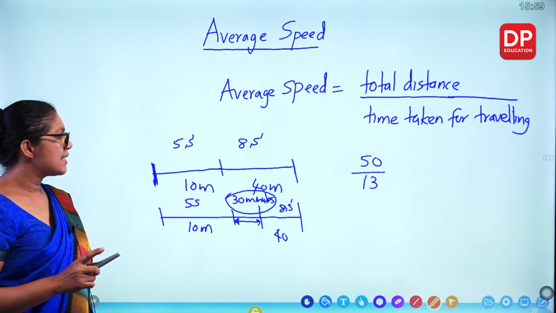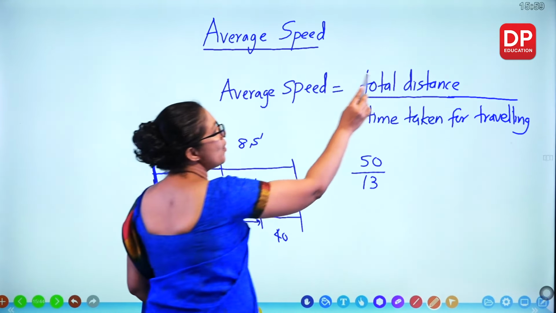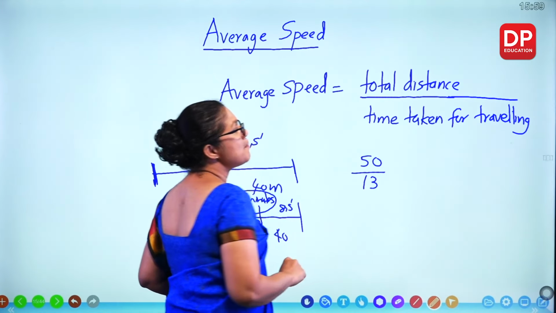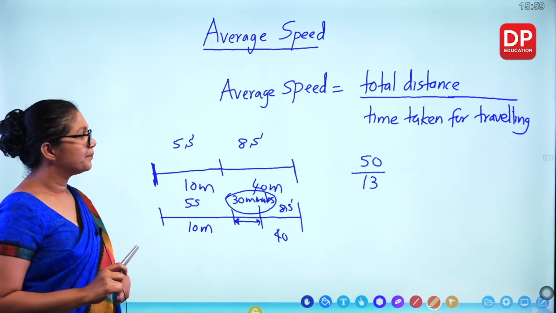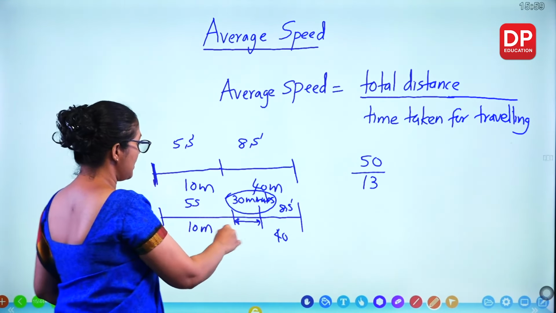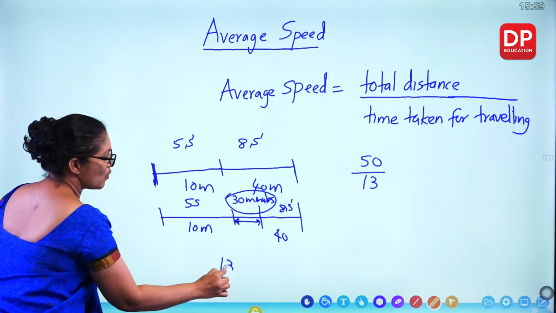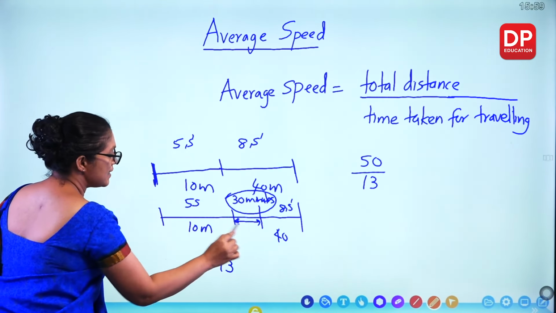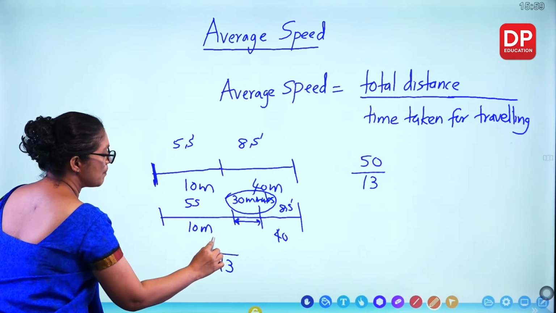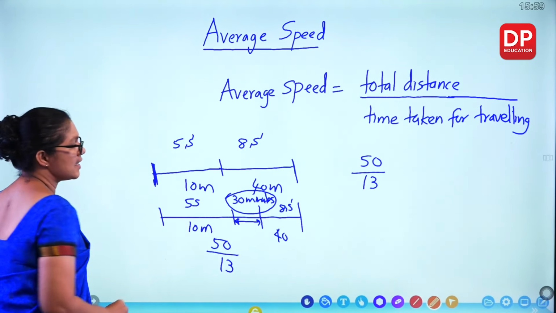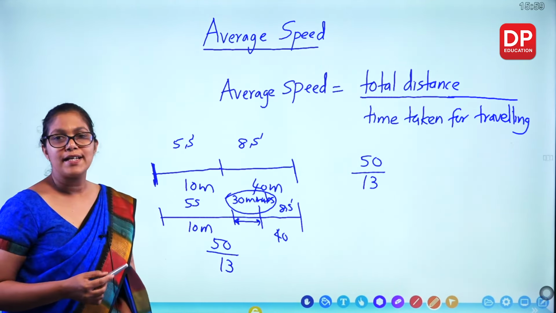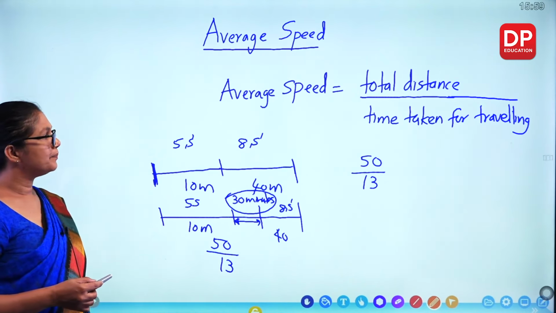So remember that it's only total distance divided by the time taken for traveling. So here in this case also, same thing, 5 plus 8 is the total time traveling and the distance traveled is 40 plus 10, 50. So that's how we find out the average speed.